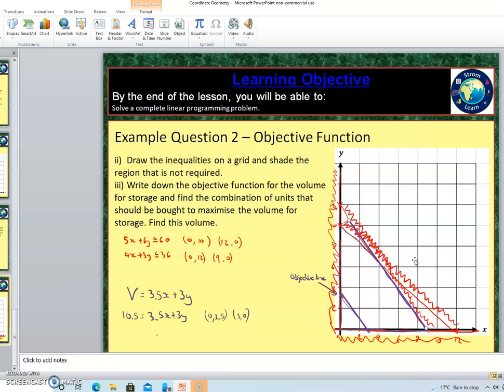However, I have a slight issue here because right where that vertex is, I do not have an integer solution because it's not in a convenient place.